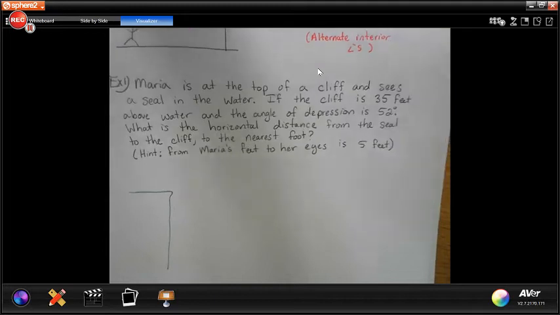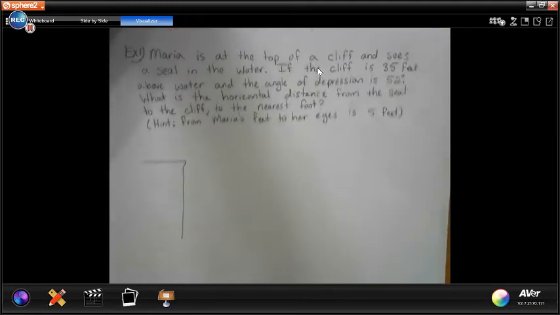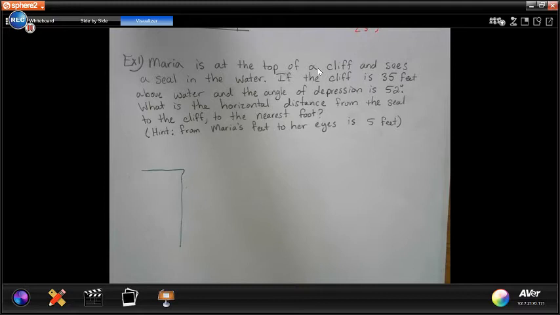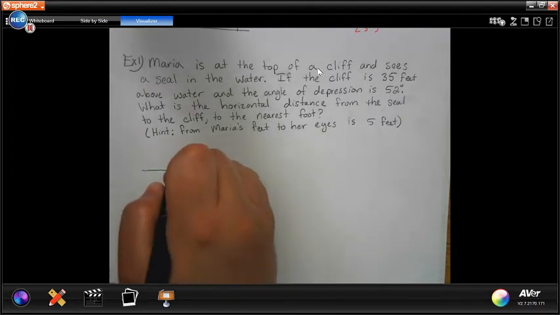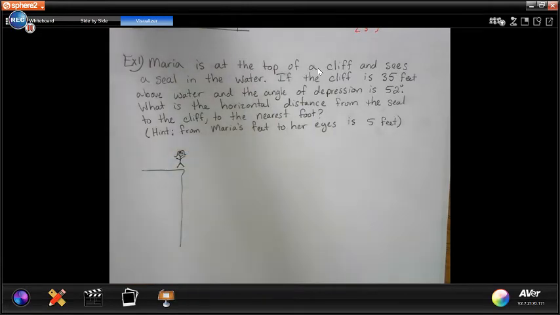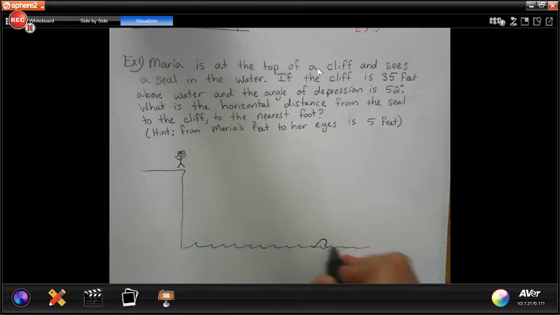Cliffs usually go straight down. She sees a seal in the water. So Maria sees a seal in the water. So we have water, a seal.